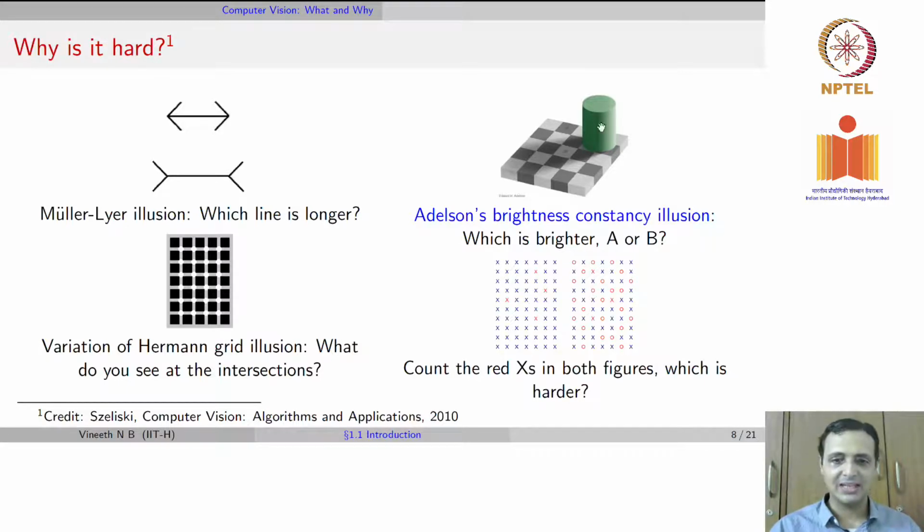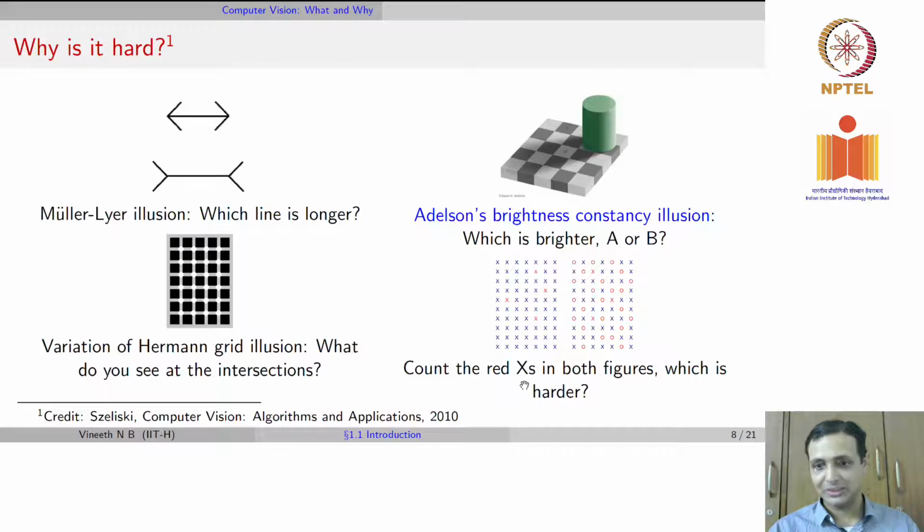And finally, this is an example where you have two sets of crosses. On the left part, you have a bunch of red crosses. On the right part, you again have a bunch of red crosses. And the task for you is to count the red crosses in both figures. Okay, I'll let you take a moment for that.